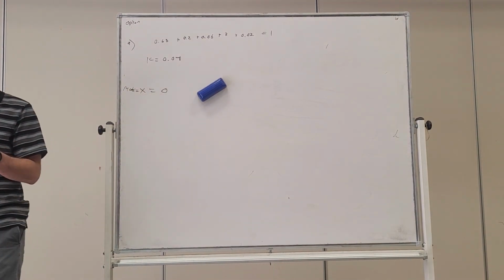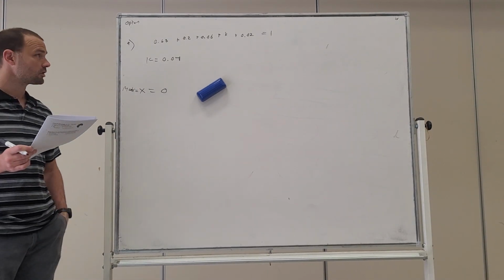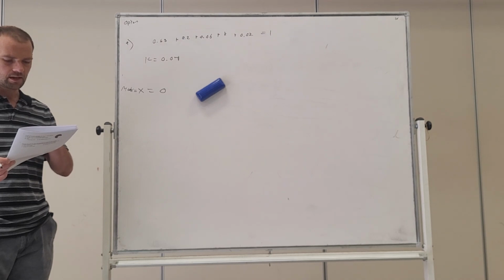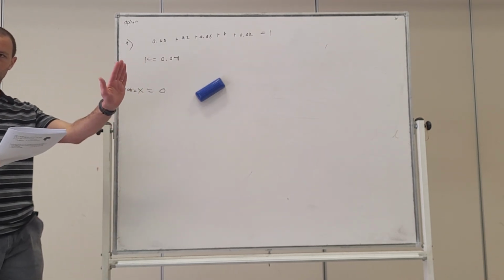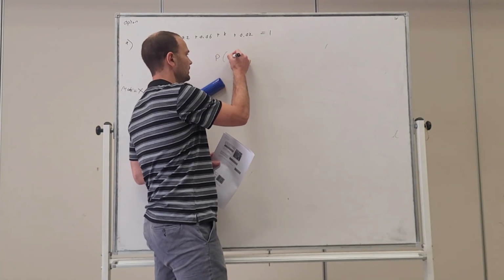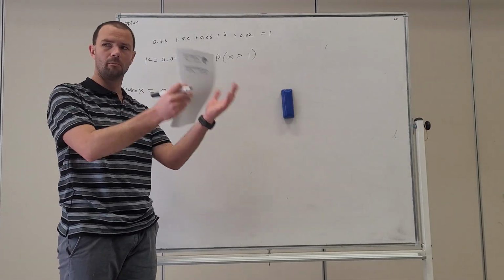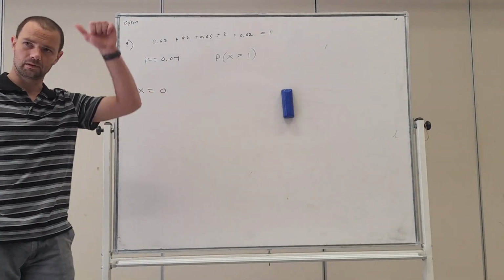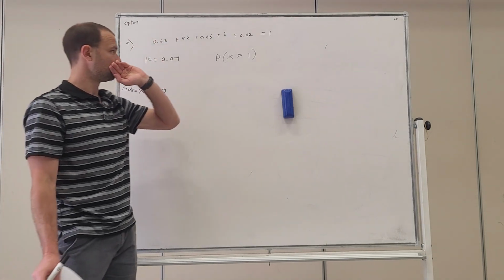That's part B. Part C, find the probability of X being larger than 1. Okay? And interpret this value. X being larger than 1. So because it's larger than 1, it means it has to be 2 or more. So this is the probability of 2 tyres replaced, plus 3 tyres replaced, plus 4 tyres replaced.